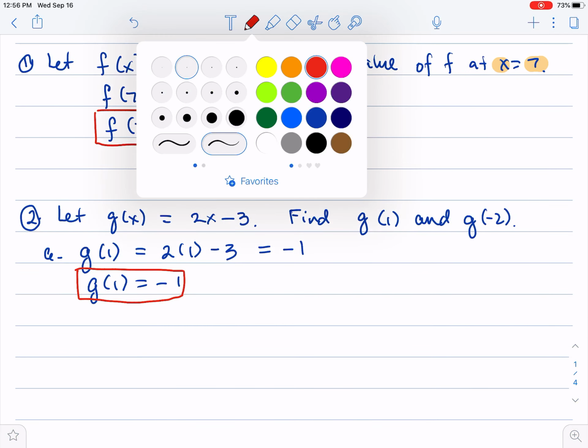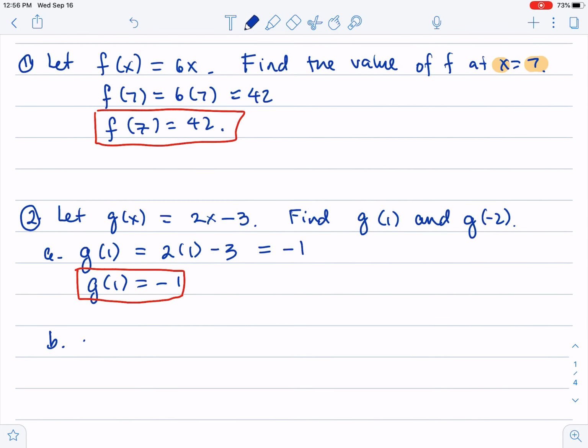For b, we have g of negative 2 is equal to 2 times negative 2 minus 3. That is equal to 2 times negative 2 is negative 4, minus 3 is negative 7. So, g of negative 2 is equal to negative 7.